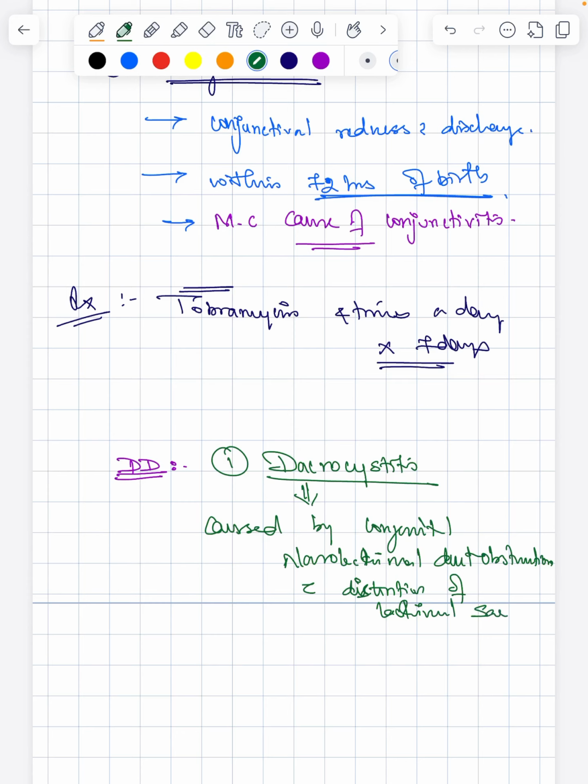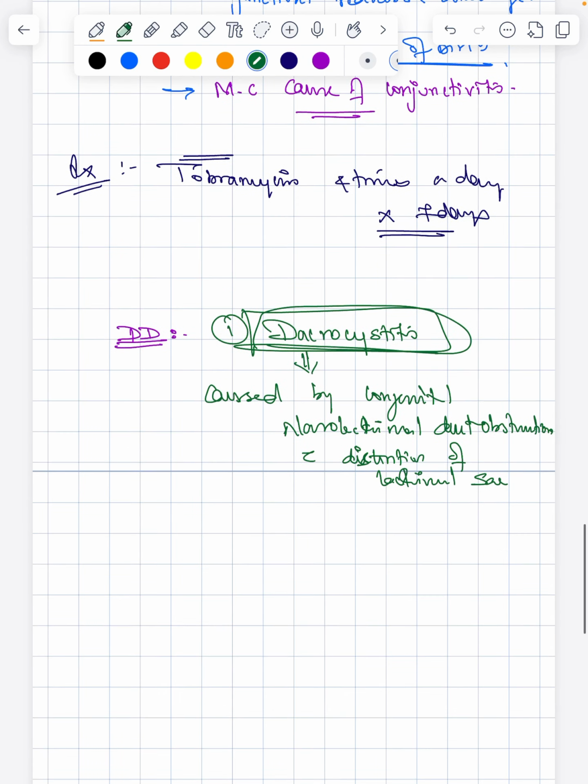So dacryocystitis, okay. This dacryocystitis is the differential diagnosis of your ophthalmia neonatorum. Yes, this is regarding your ophthalmia neonatorum.